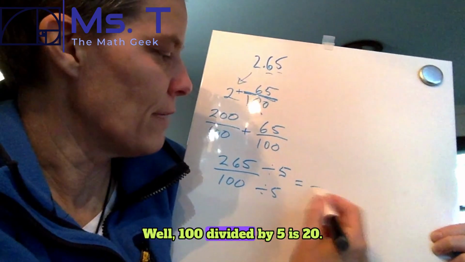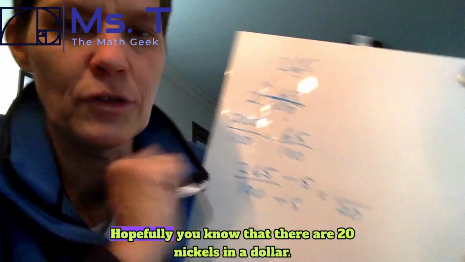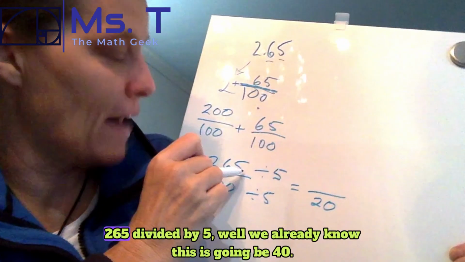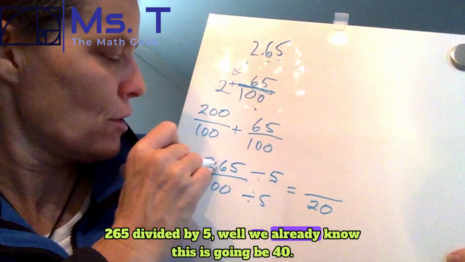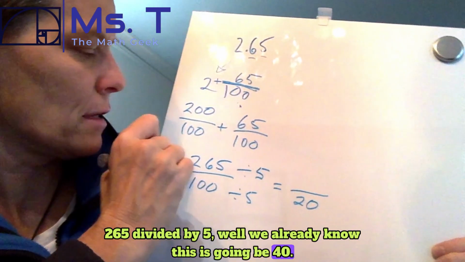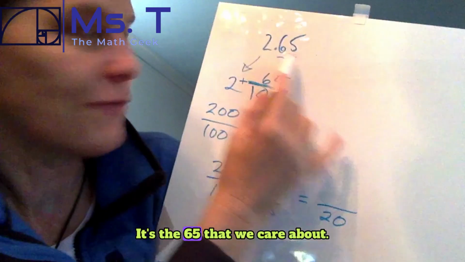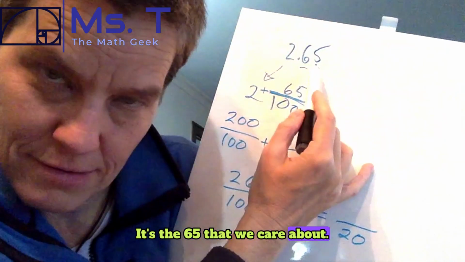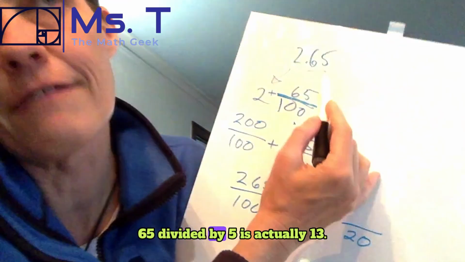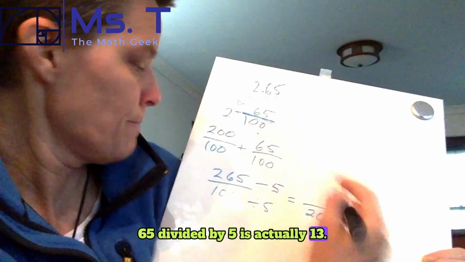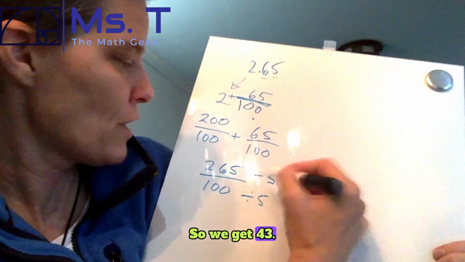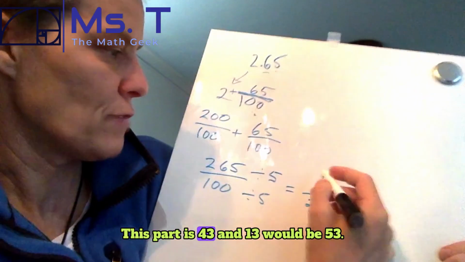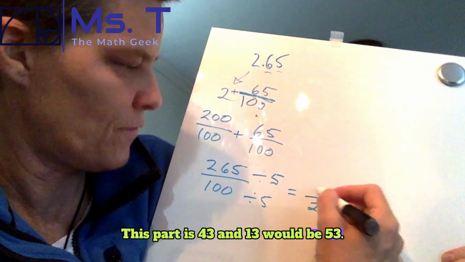Well, 100 divided by 5 is 20. Hopefully you know that there are 20 nickels in a dollar. 65 divided by 5, well, we already know this is going to be 40. But it's the 65 that we care about. 65 divided by 5 is actually 13. So we get 13 over 20.